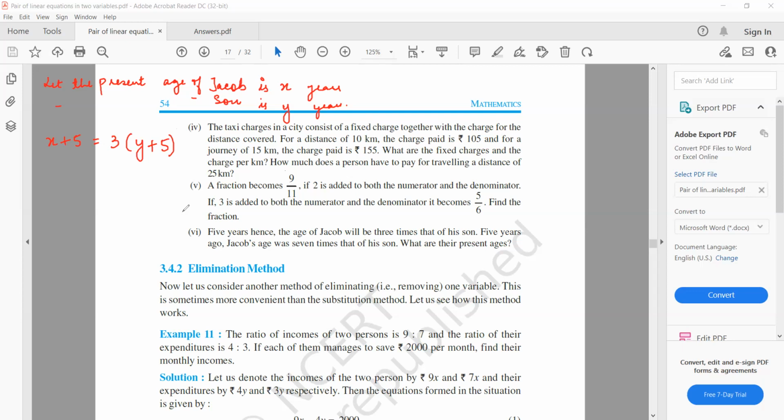Understood? Yes, ma'am. Or you can do one step extra. You can write after 5 years, Jacob's age will be X plus 5, then son's age will be Y plus 5, and then form the equation. So it's up to you. It's better that you write it to avoid mistakes.